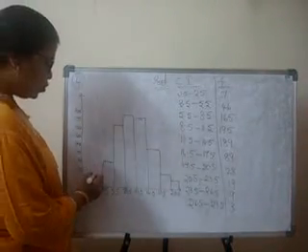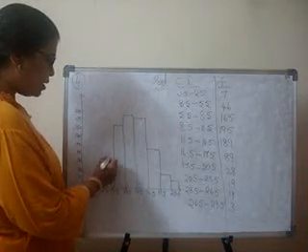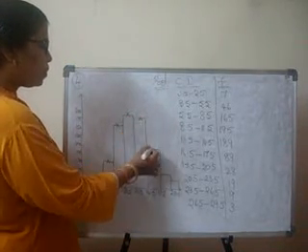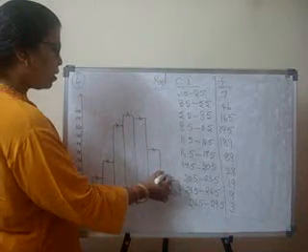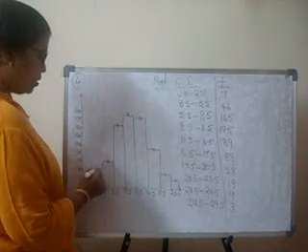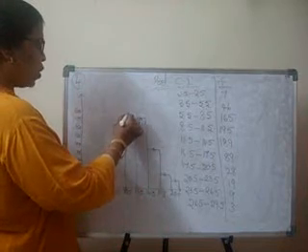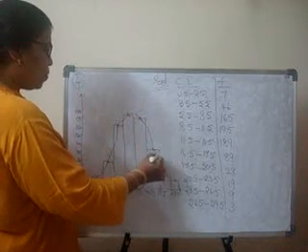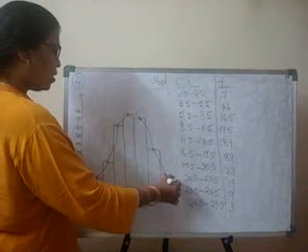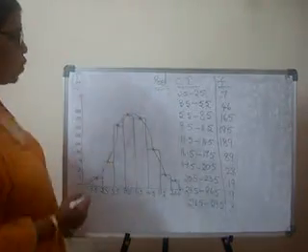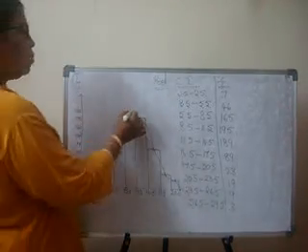Now if you identify your middle values, and with a free hand join these points and touch your x-axis, then it is called a frequency polygon.